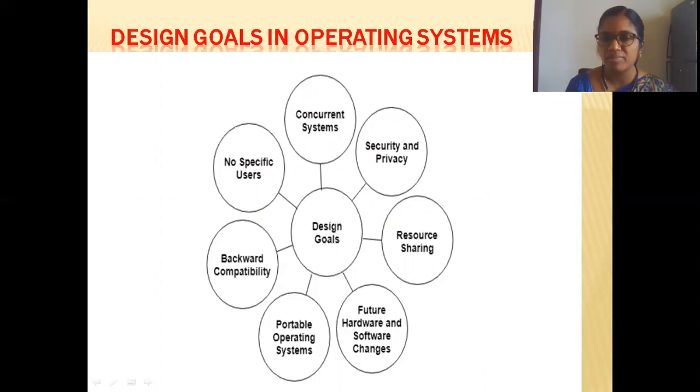Security and privacy, resource sharing, future hardware and software changes, portable operating systems, backward compatibility, no specific users. So these are all the design issues while we construct an operating system. So we have to concentrate on these issues so that we can design our operating system perfectly. So we'll see one by one.